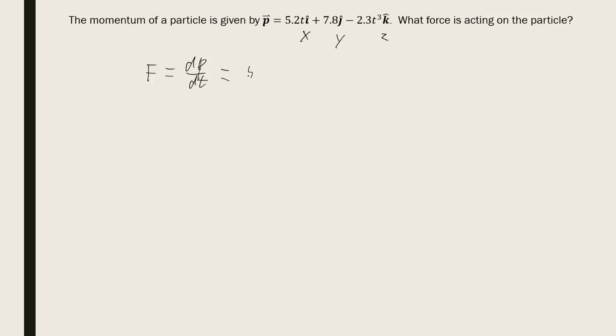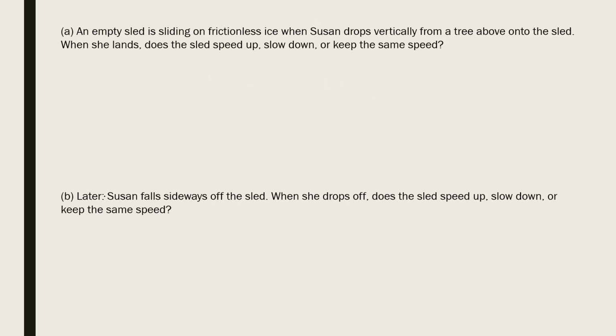So the derivative of this just leaves us with a 5.2 in the i hat direction. The derivative of this goes to 0, and the derivative of that is going to give us a negative 6.9 t squared in the k hat direction. So that's all there is to it. You just have to take the derivative with respect to time.